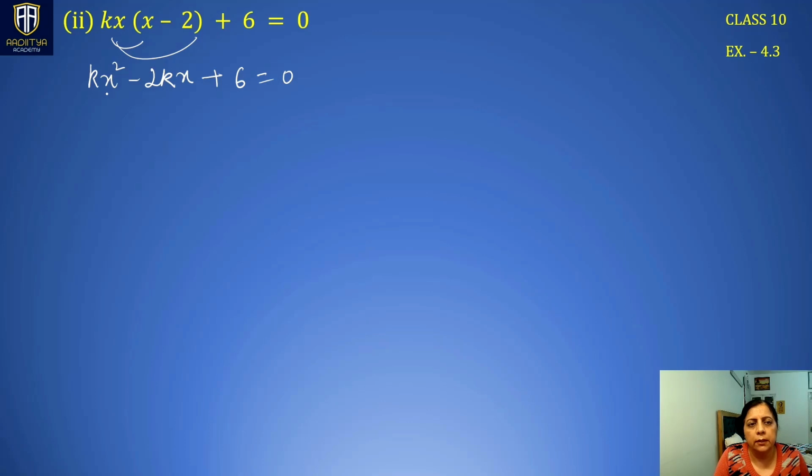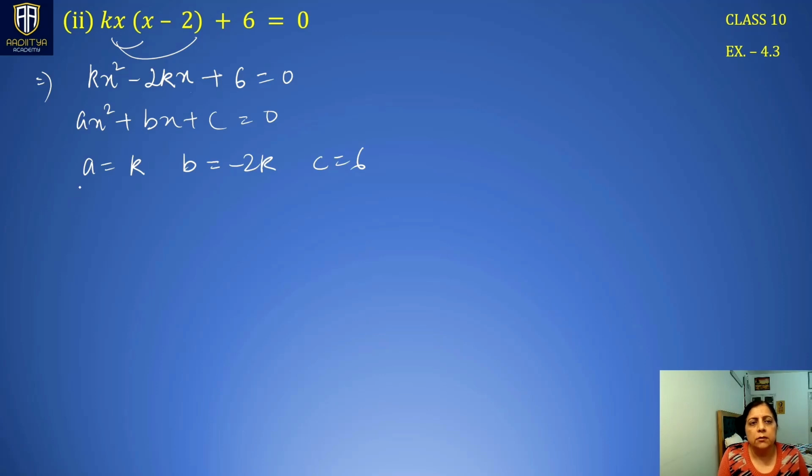Now this is like x square term, x term and constant. Now this is the standard form. Comparing it with ax square plus bx plus c is equal to 0, we have a is k, b is minus 2k and c is 6.